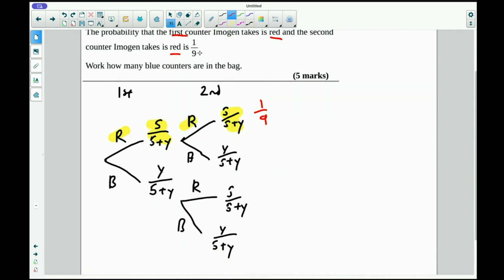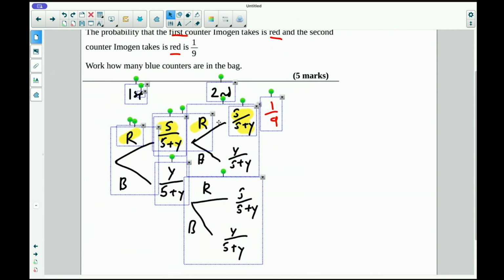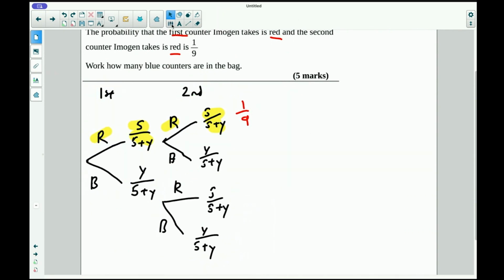Okay, so what does that mean for us? Well, remember what we said? If our probability of red and then red is 1 over 9, it means that we are multiplying. So we would start off by multiplying our probabilities together.